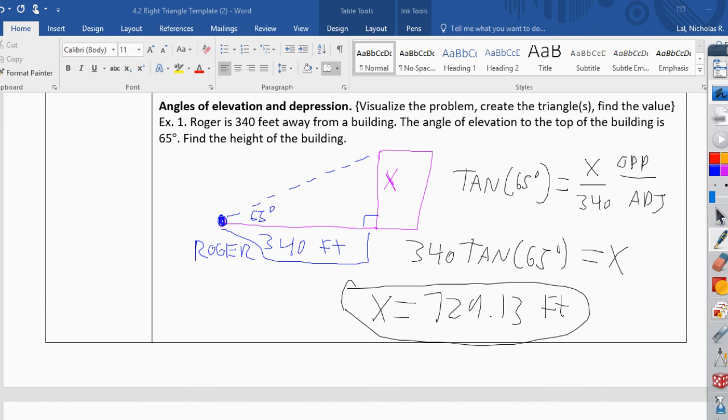Solve for 30 degrees, 300, and 60 degrees, 300. So use tangent, right? And then whichever one is bigger is going to go farther away. And then the distance here is going to be the larger distance minus the smaller one.